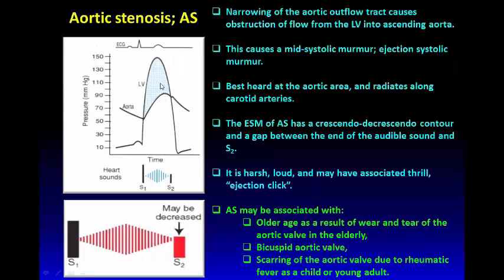The pressure gradient which is detected between the left ventricle and the aorta during ventricular ejection is also seen in this diagram. Here the left ventricular systolic pressure is about 150 millimeters of mercury, less than what we have seen in the previous slide, because the pressure gradient which develops between the left ventricle and the aorta depends on the severity of aortic stenosis.